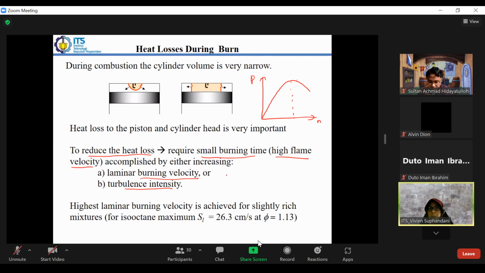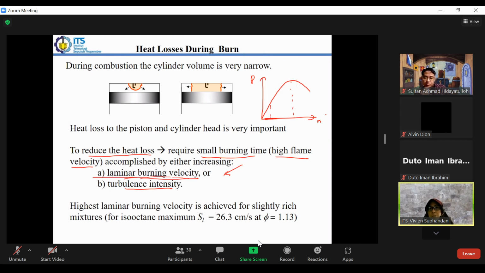So if, for example, we have to operate at very low rotational speed, how can we improve this? The speed of the piston is already slow, and how can we increase the burning velocity?